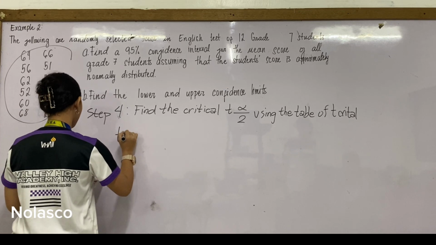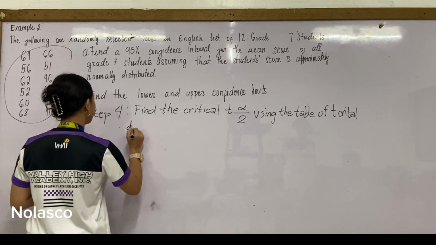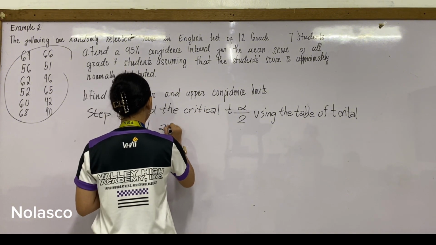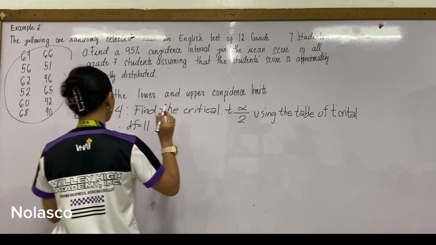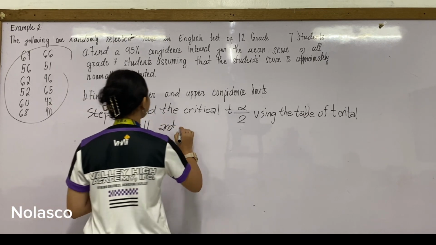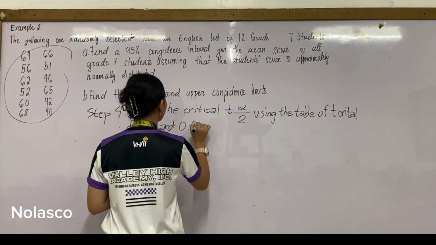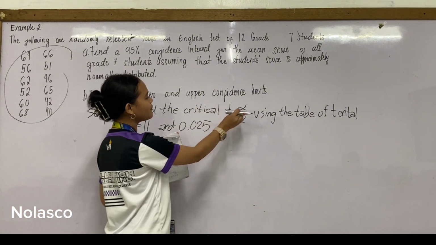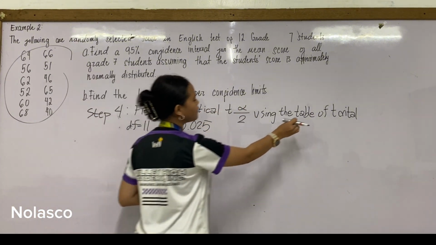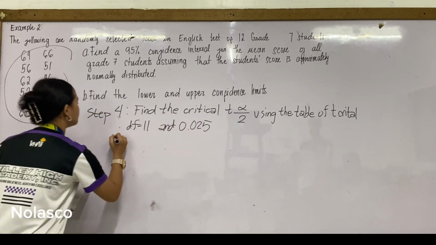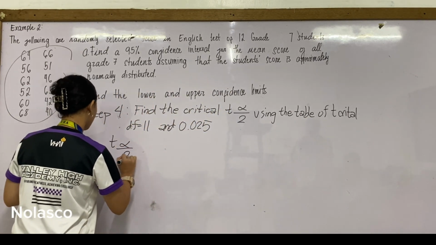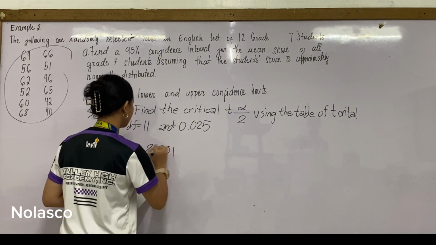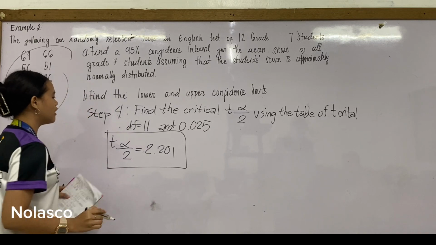So our DF is equal to 11, and alpha divided by 2, alpha over 2, is 0.025. So we need to find the T sub alpha over 2 in the table. So T is equal to 2.201. So that's our T sub alpha over 2.